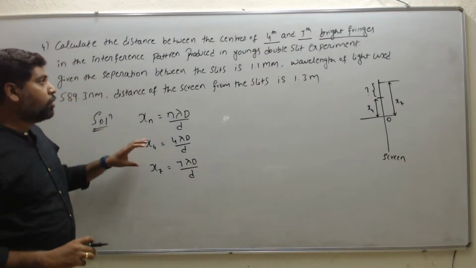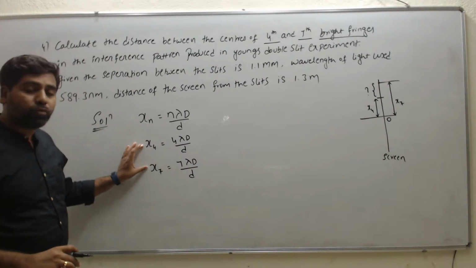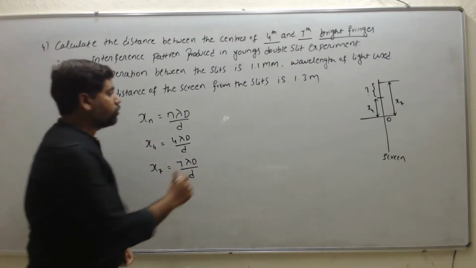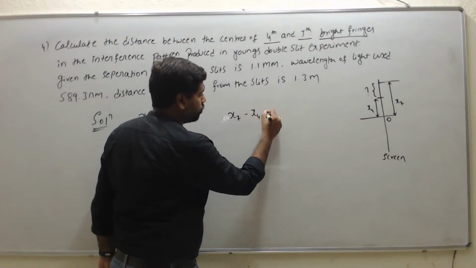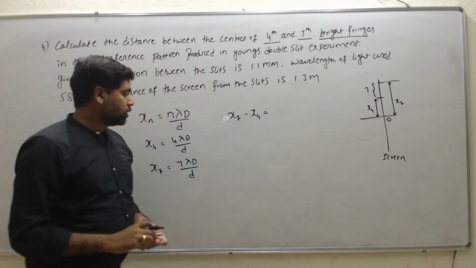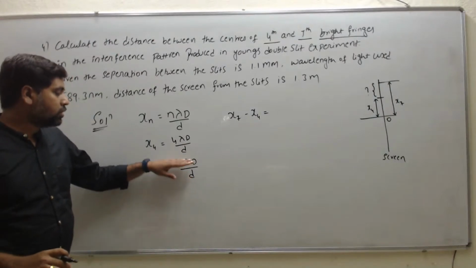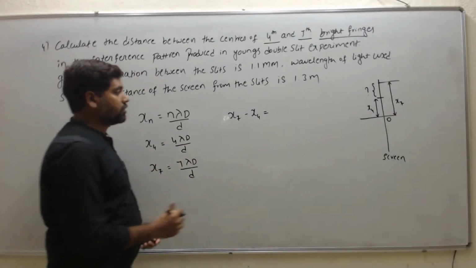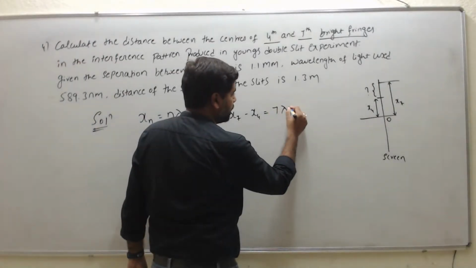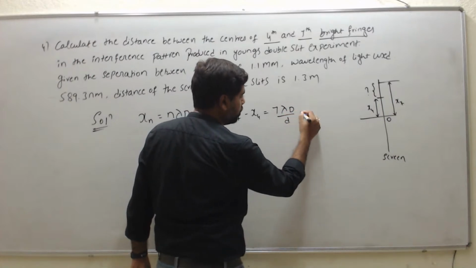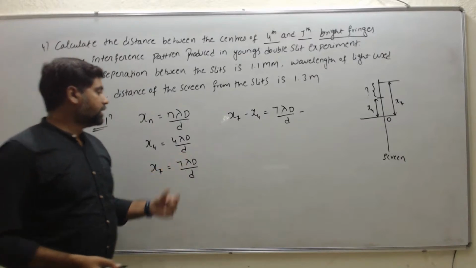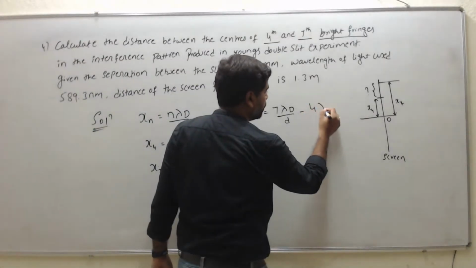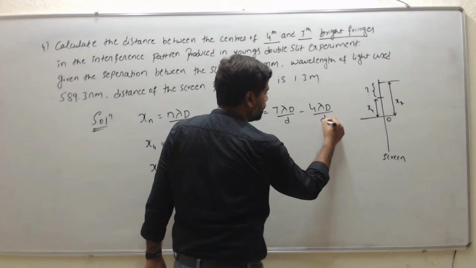So we need to find the difference between these two bright fringes, that is x7 minus x4. Here x7 is 7 lambda D divided by small d, minus the fourth bright fringe, 4 lambda D divided by small d.